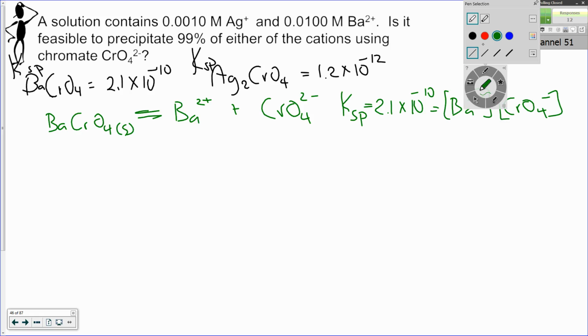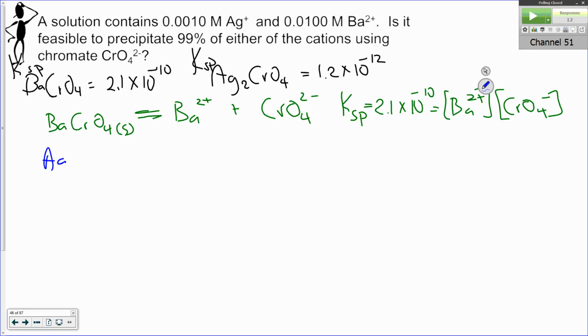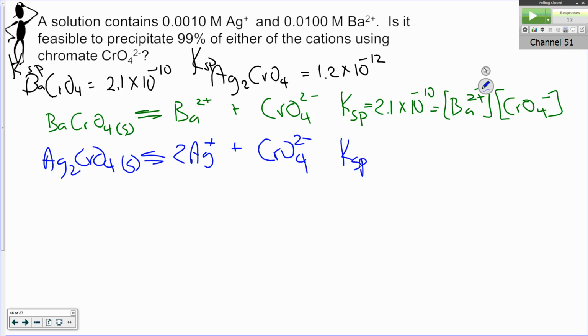All right, let's look at the other one. The silver chromate solid would dissociate into 2 silver cations plus the chromate. Its KSP expression is 1.2 times 10 to the minus 12, and it's the concentration of the silver squared times the concentration of the chromate.